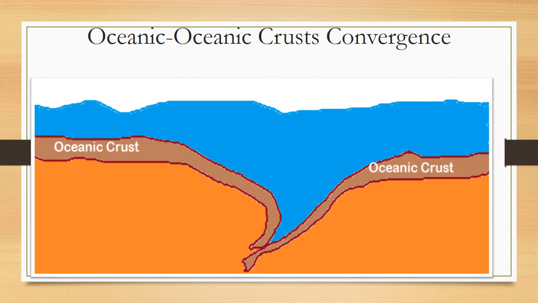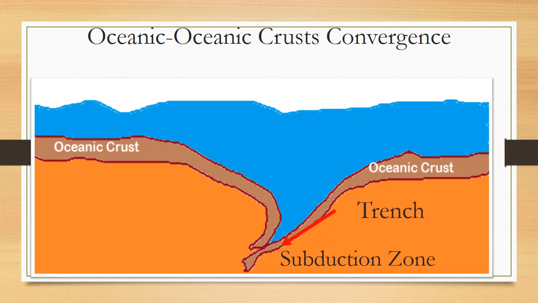So now let us have the convergence of two oceanic crusts. Scientists were able to find out that the older oceanic crust is the one that subducts. Similar to the collision of continental and oceanic crust, there is also subduction here.